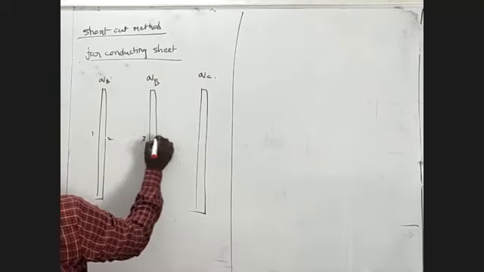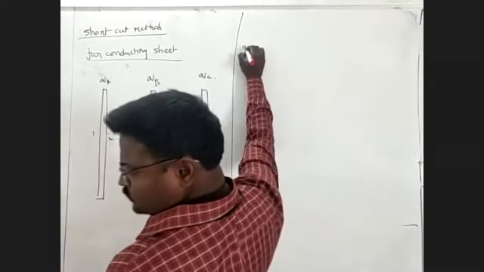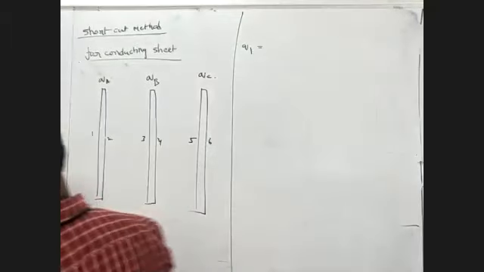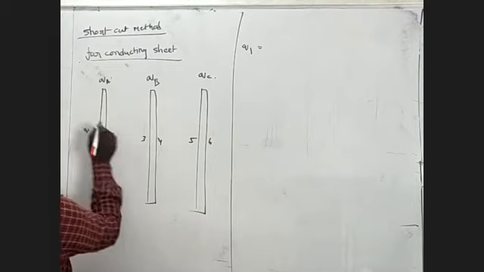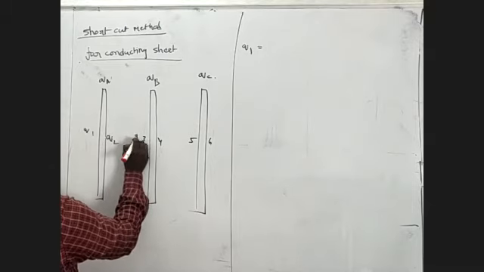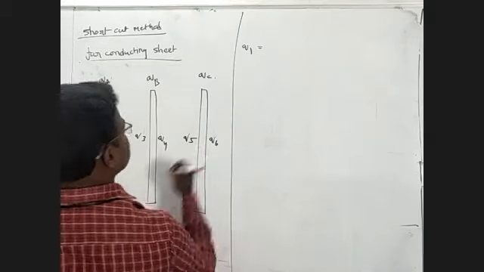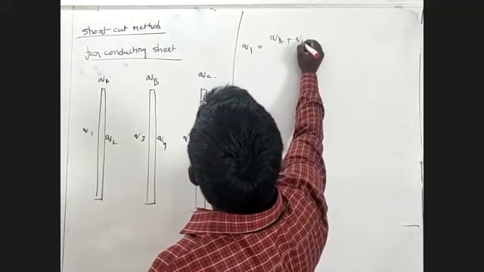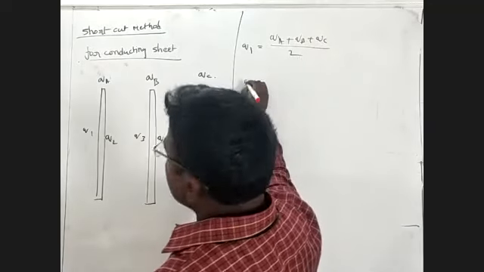The regions are 1, 2, 3, 4, 5, 6, with charges Q1 through Q6. Q1 is equal to (QA plus QB plus QC) by 2.